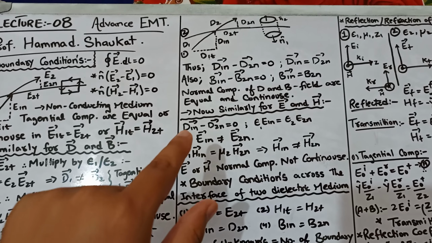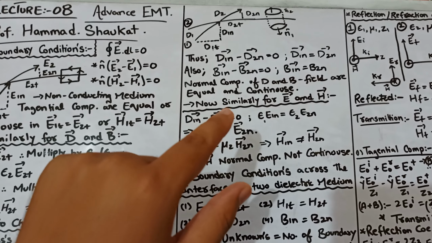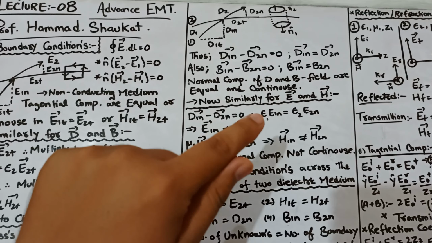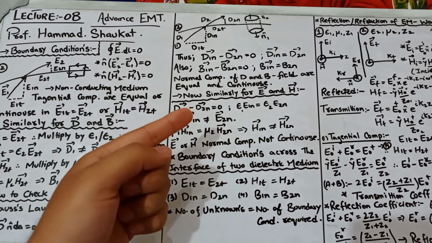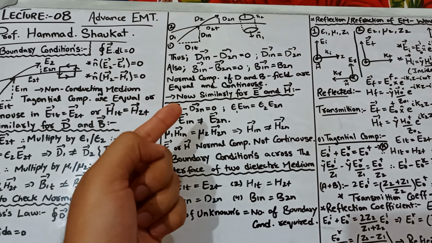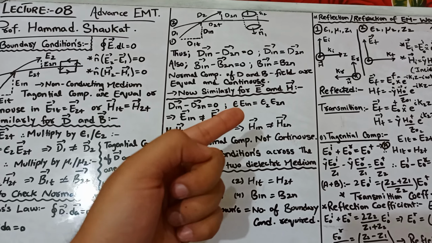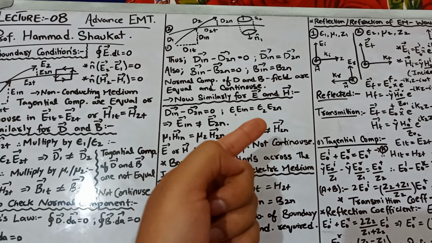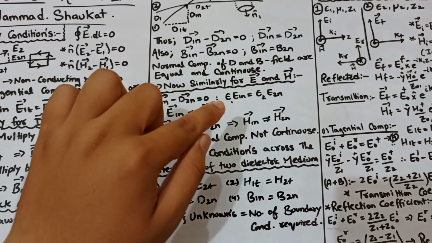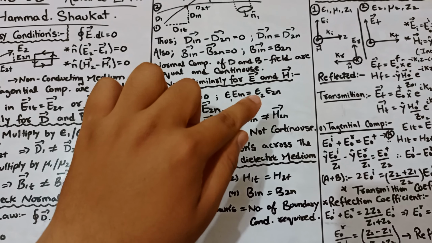We already know that D1n minus D2n equals 0. When we multiply this by epsilon, you know that D is basically equal to epsilon E. So for D1n it becomes epsilon 1 E1n, and for D2n it becomes epsilon 2 E2n. Now you can see epsilon 1 multiplies here and epsilon 2 here.